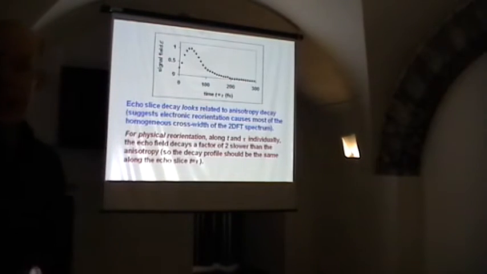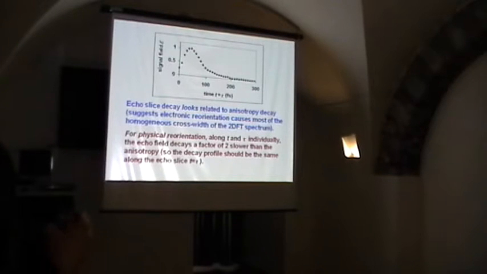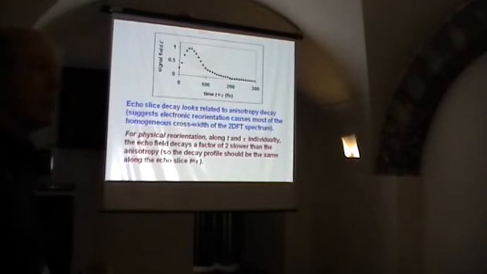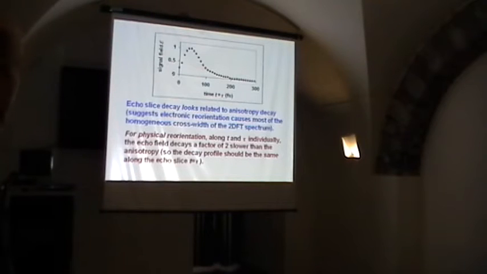That's what we would expect for pseudorotation if it acts just like physical rotation. And so, because on the echo slice, T is equal to tau, so both times are decaying at once, and so that factor of 2 turns into being exactly the same time scale.